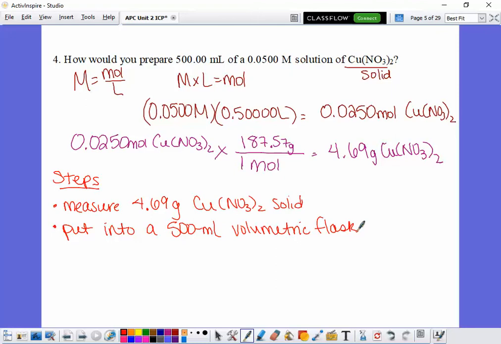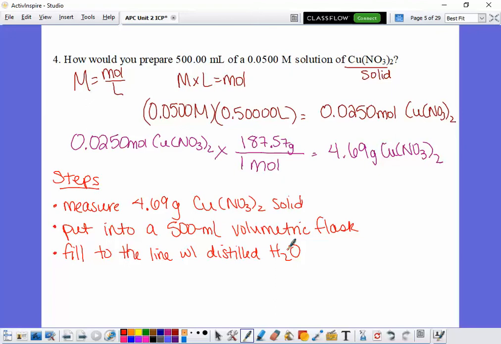So we put the solid in there, and then what do you think we're going to do? Add water. What type of water are we going to use? Distilled water. You're going to fill to that line with distilled water. And then you will put the cap on the volumetric flask and you will invert it a bunch of times to make sure it's thoroughly mixed and that solid is dissolved.